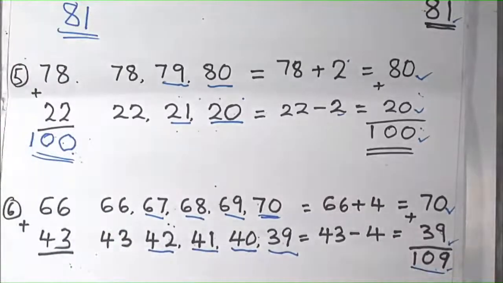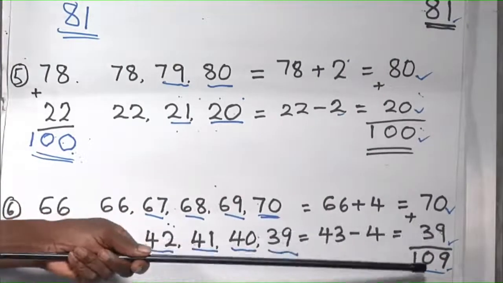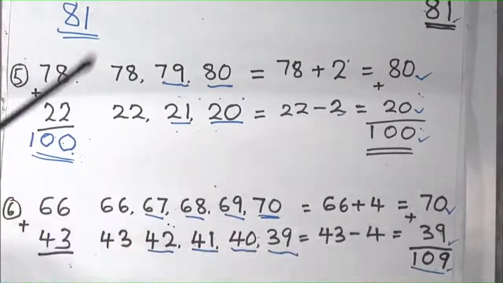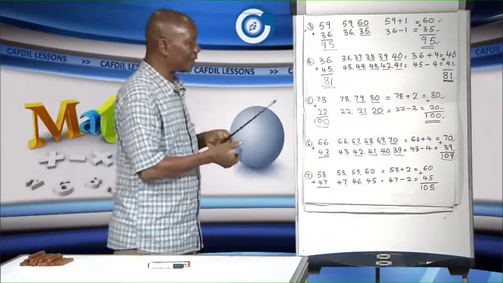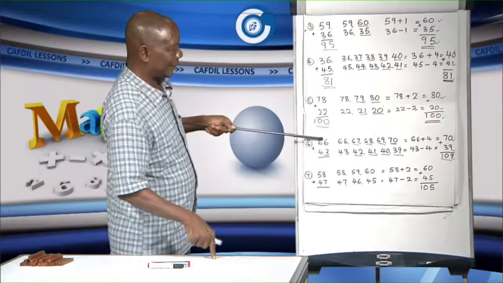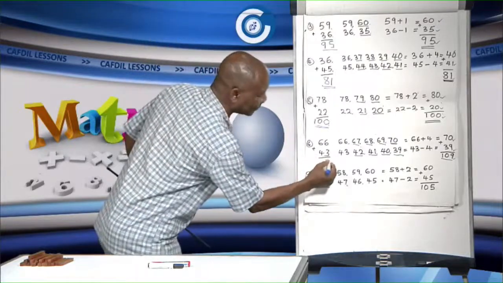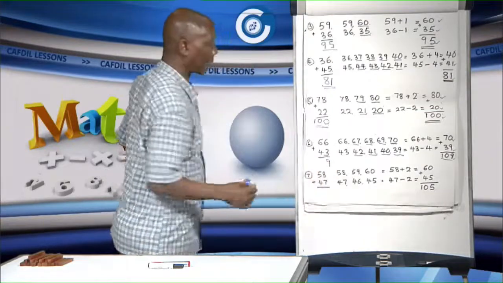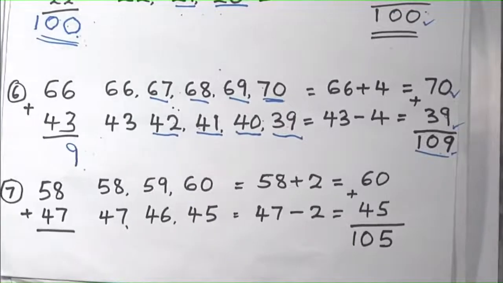So we get 109 by adding 70 to 39, which is the same as 66 plus 43. 6 plus 3 will give us 9. 6 plus 4 will give us 10.